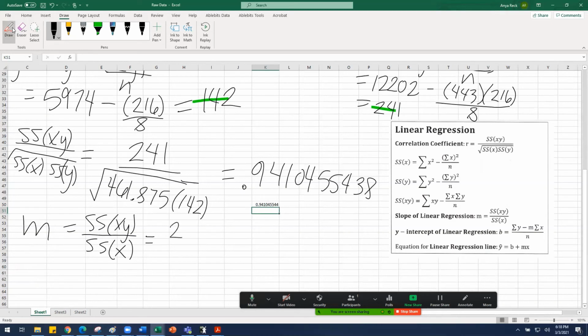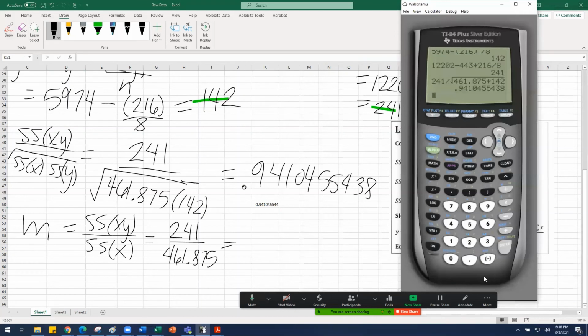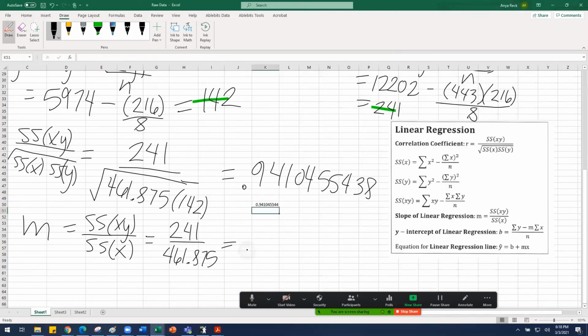So that was 241 divided by 461.875. Divide that in the calculator. I get 0.5217861976. You can round as many decimals as you'd like.